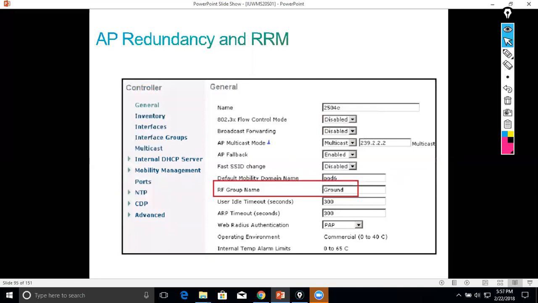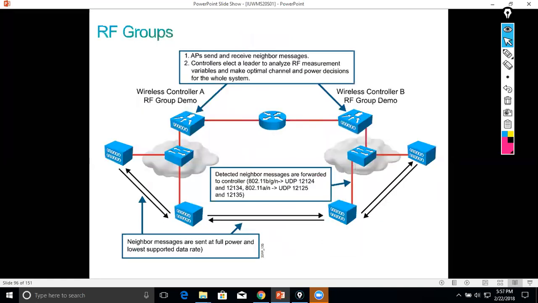Then you have the RF group name. So what is an RF group? A minute ago I was talking about RRM, and now I'm talking about RF group. RF group is a functionality where we have a common RRM for multiple controllers, which takes decisions and forwards information to the controllers. In an RF group, APs send and receive neighbor messages, that is, APs talking to each other.